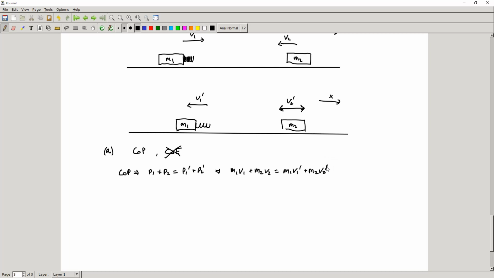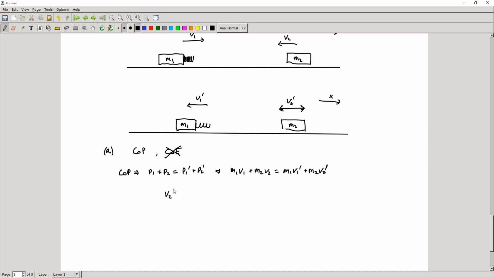But we're already in a position where we can basically solve this. The only unknown here is V2 prime, right? We know V1, V2, V1 prime.